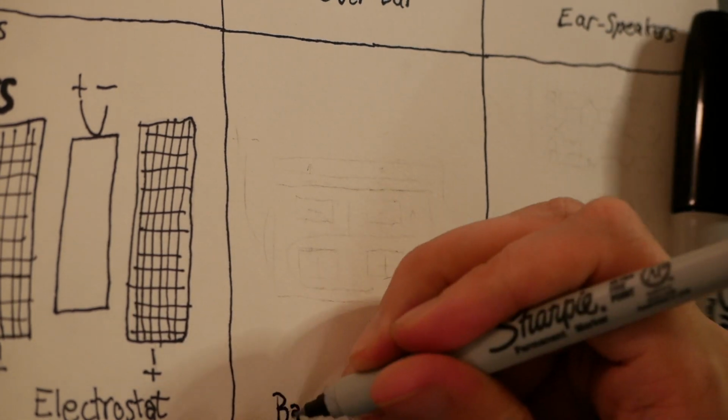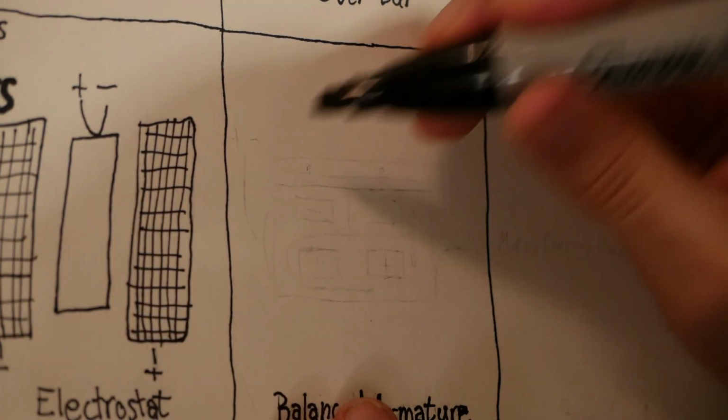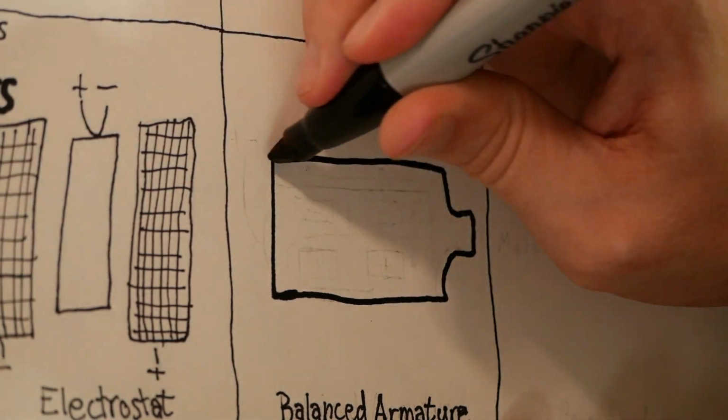Next up, we have the most compact driver type, the balanced armature. Now the balanced armature starts off with the box shape. Now inside this box, we have some permanent magnets and an armature that is balanced. I'll show you.